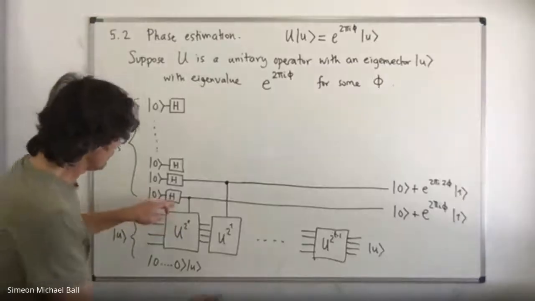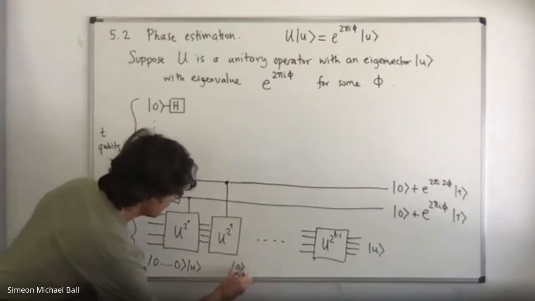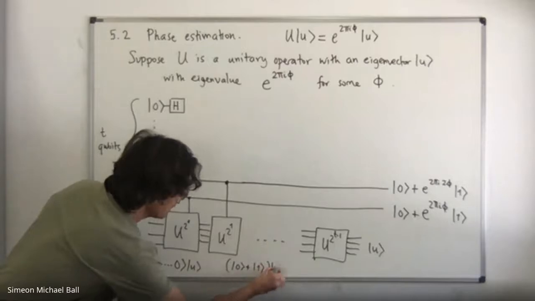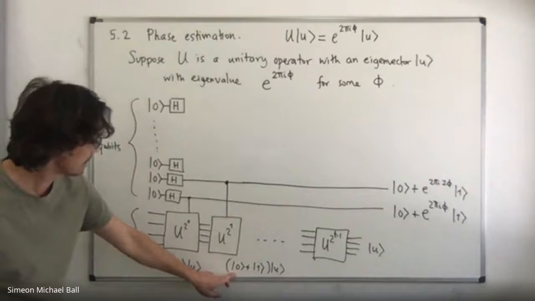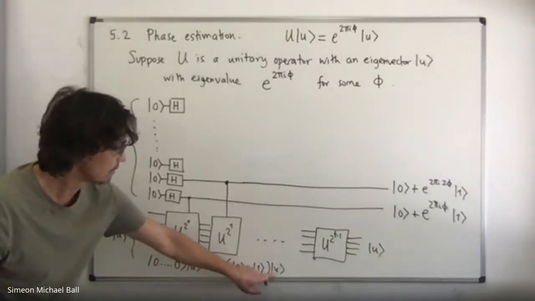Why would the result of the first wire not be just Hadamard of 0? So this isn't 0 plus 1, right? So just ignore everything else and let's just look at this. This is the last qubit, yeah? So 0 doesn't do anything, and the 1, well, that applies u.